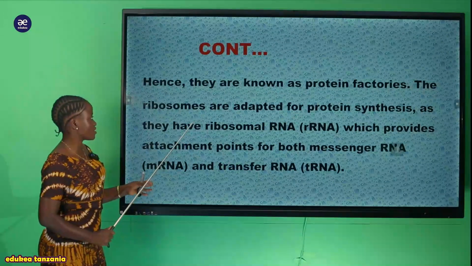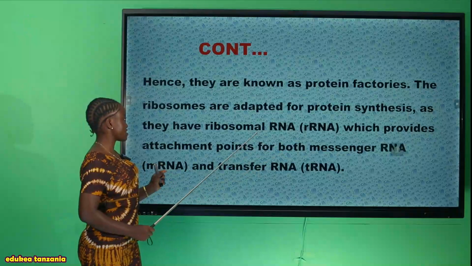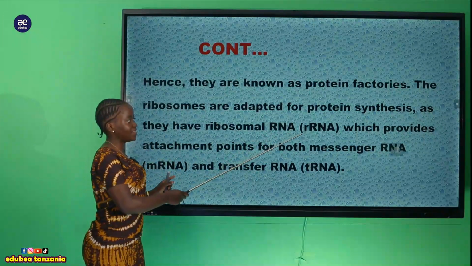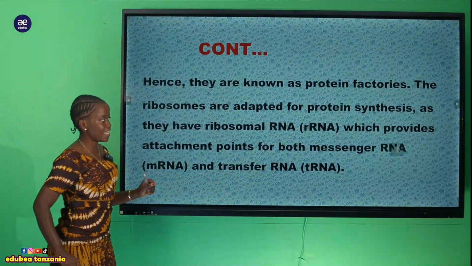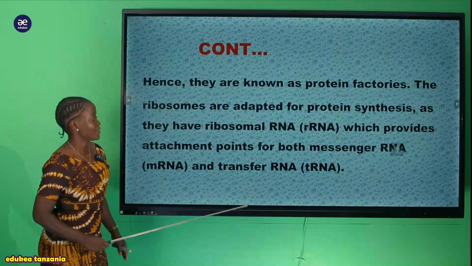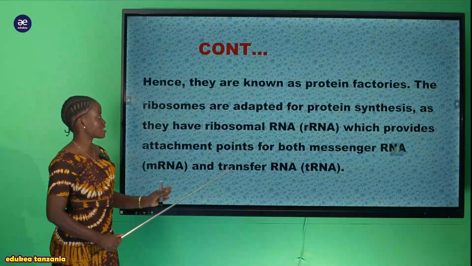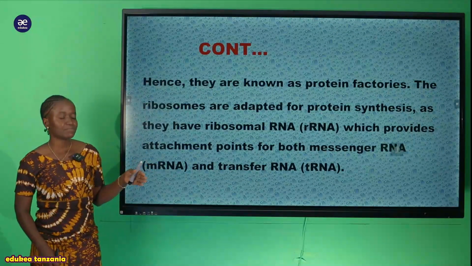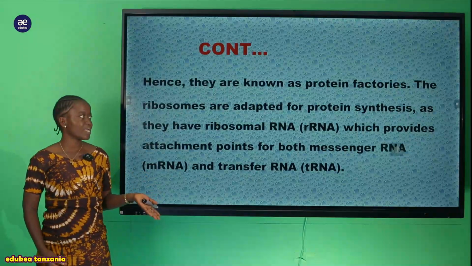And now the ribosomes are adapted for protein synthesis as they have ribosomal RNA, that is rRNA, which provides an attachment point for both messenger RNA and transfer RNA. So we are saying that this ribosome is adapted for protein synthesis. Why?